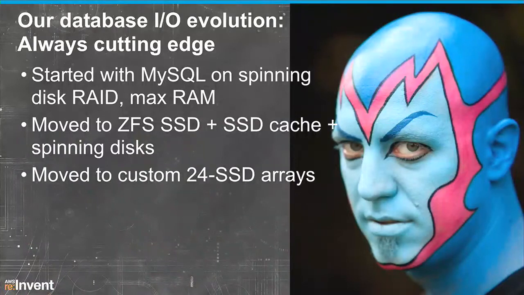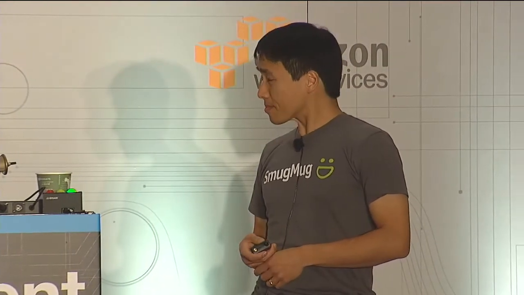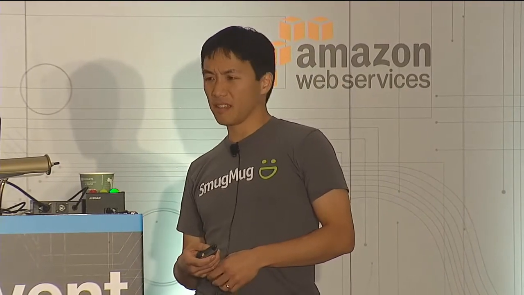So in our database hardware, we've always been on the cutting edge of IOs. We started early on running our MySQL on spinning disks and RAIDs. It was a pretty common configuration back in the early 2000s, just maxing out your spindles, maxing out RAID. From about 2006 to 2010, we bought these Sun and future Oracle storage appliances, which at the time were like, wow, these are great.